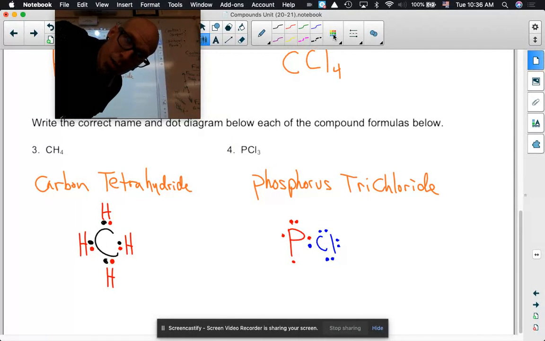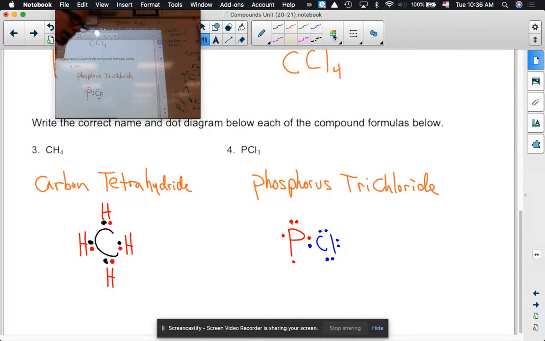The empty spot on that chlorine gets filled by the empty spot from phosphorus, and the chlorine fills phosphorus's empty spot, so now they share a pair. That means another one can go down here, 1, 2, 3, 4, 5, 6, 7. And then the last one can go right over here, again 1, 2, 3, 4, 5, 6, 7.